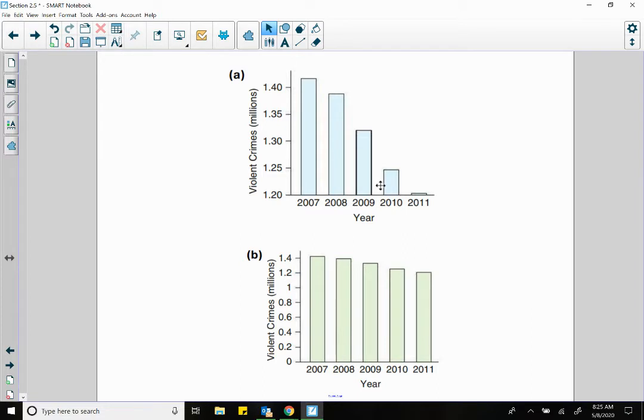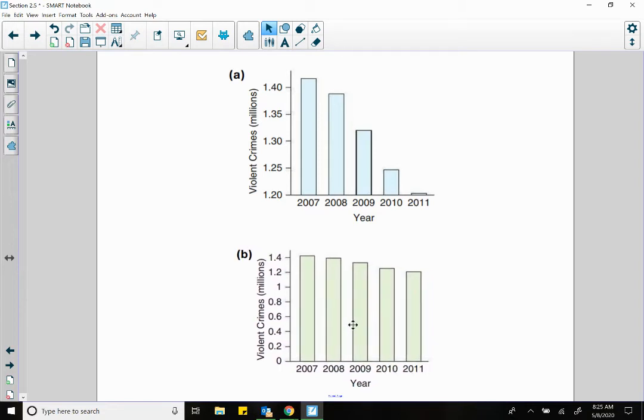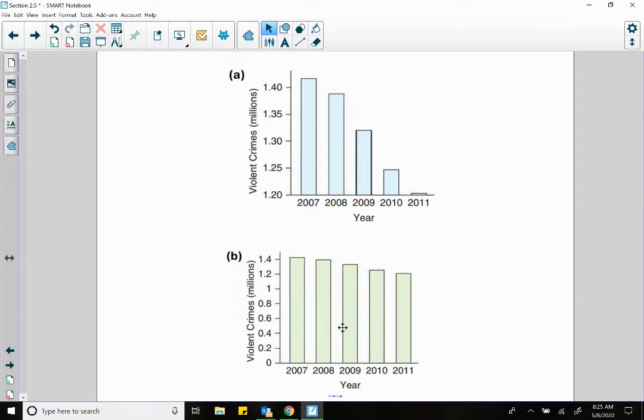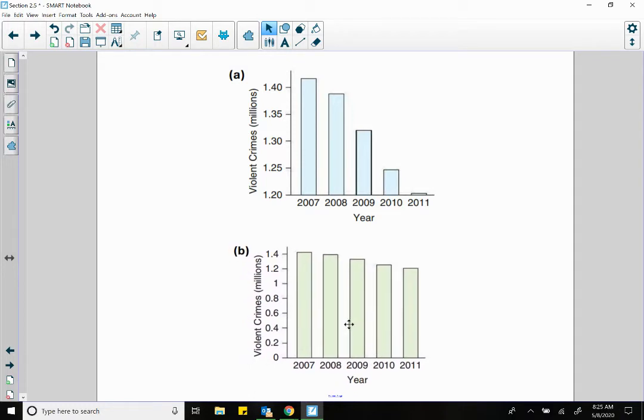Well, hopefully you notice that the bars are different. This is what I was talking about with that vertical y-axis. Make sure that things are where they should be. This one starts at 1.2 and goes up to 1.4.